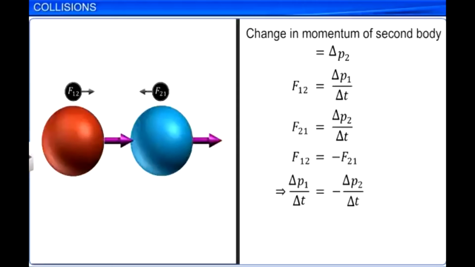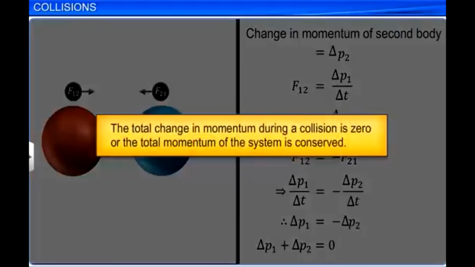Therefore, delta P1 is equal to minus delta P2, or delta P1 plus delta P2 is equal to 0. Hence, we can say that the total change in momentum during a collision is 0, or we can say that the total momentum of the system is conserved during collisions.